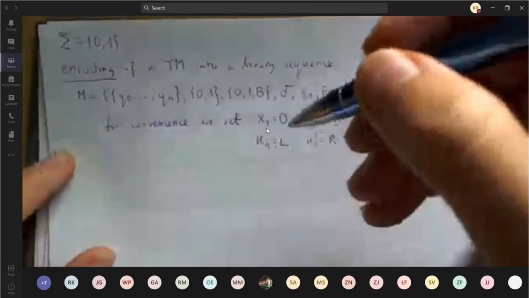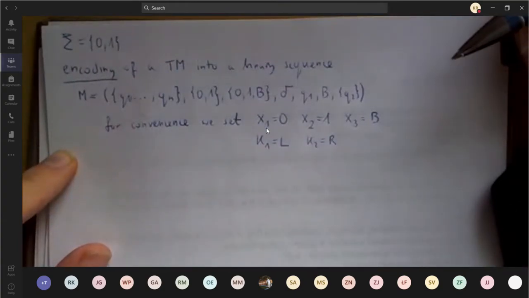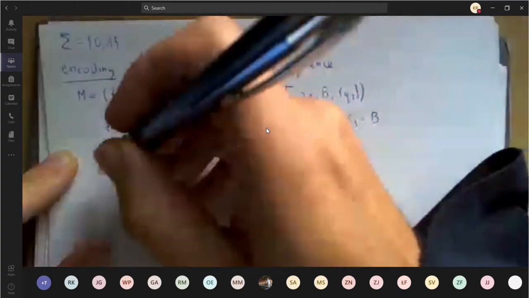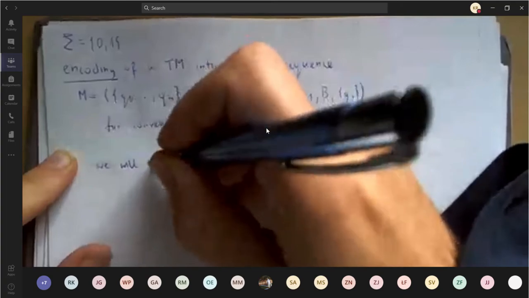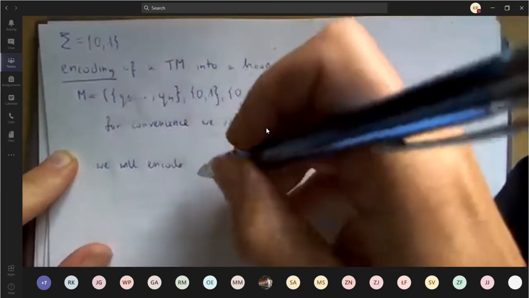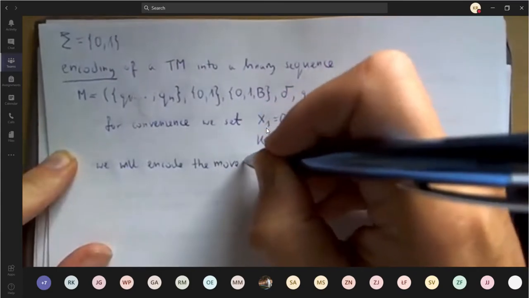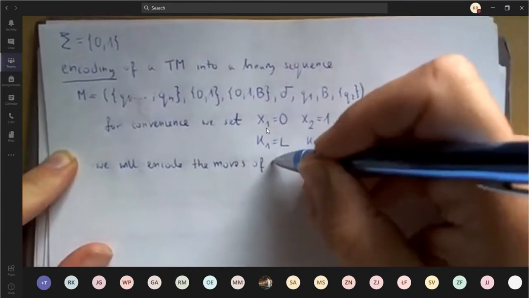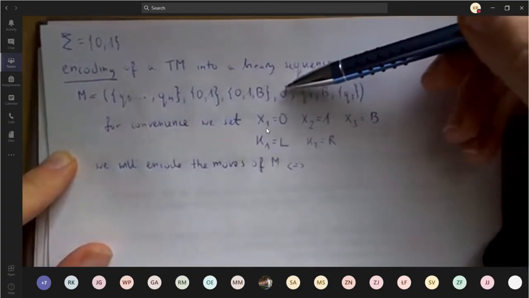Okay, so how to encode our Turing machine M? We will encode the moves of M. That means we will encode the transition function.